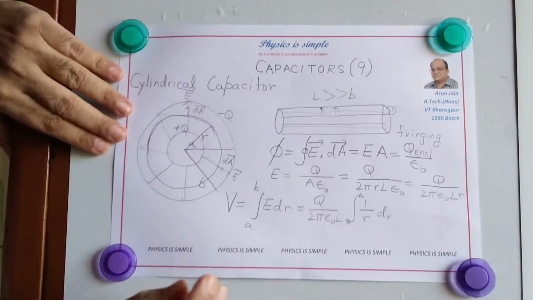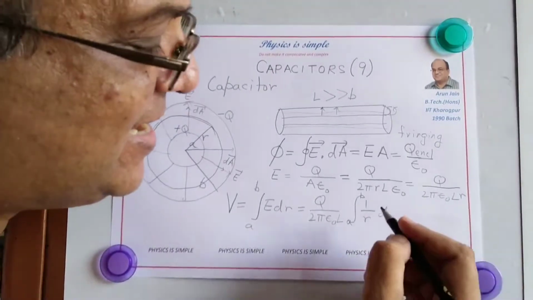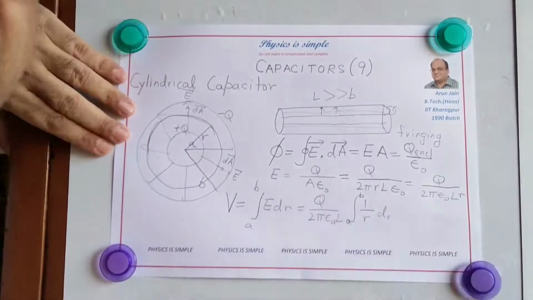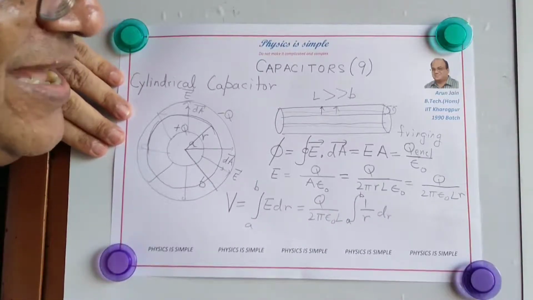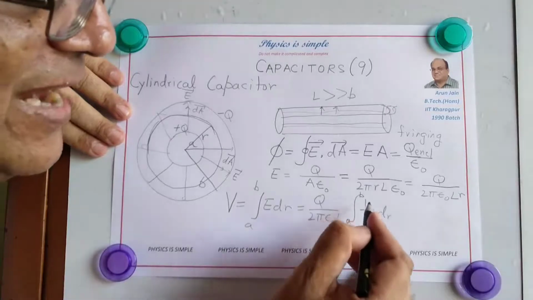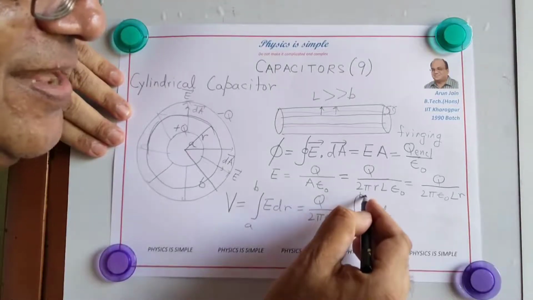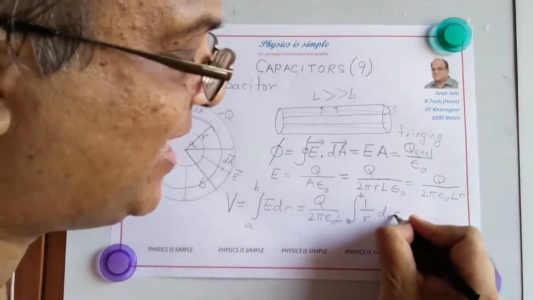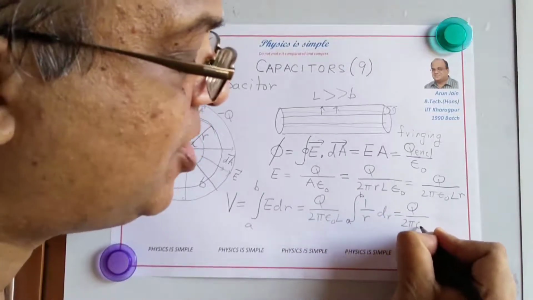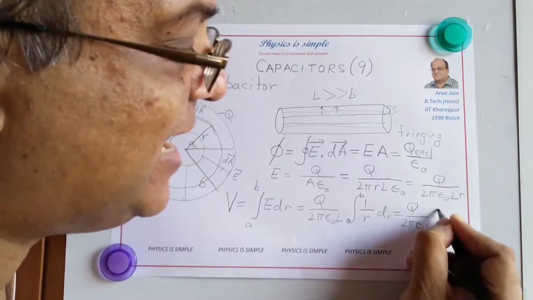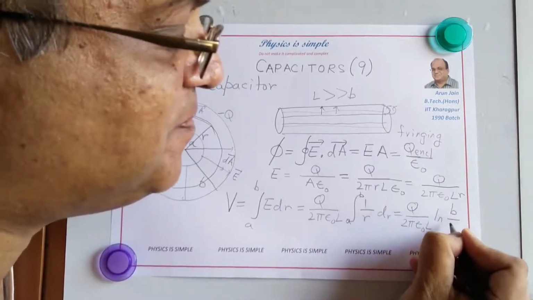Integration of 1 by r dr is ln r. When you put the upper limit, we get ln b. When you put the lower limit, we get ln a. So this will be ln b minus ln a. That is ln b by a. So we get this as Q by 2 pi epsilon naught L ln b by a.